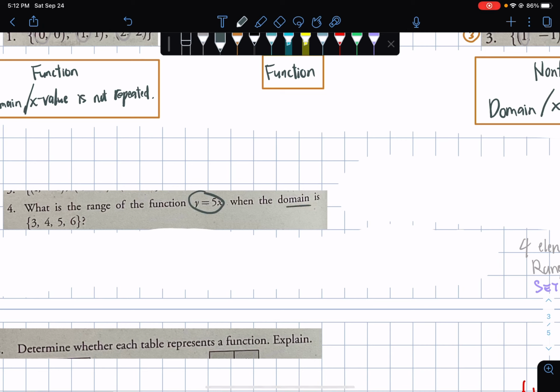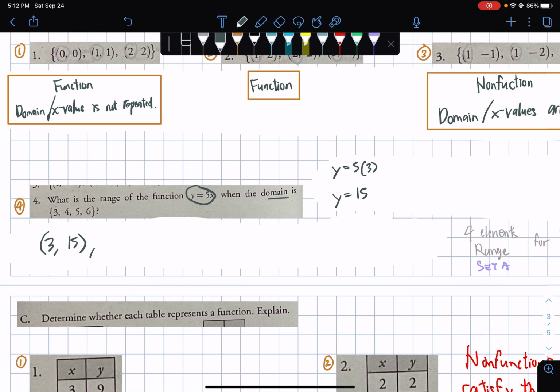Given the function y is equal to 5x, let's use the number 3 to find its range counterpart. So 5 times 3, y is equal to 15. So first we have (3, 15). That's our first coordinate. I think you get the pattern. We just take the remaining domain values and find the y.